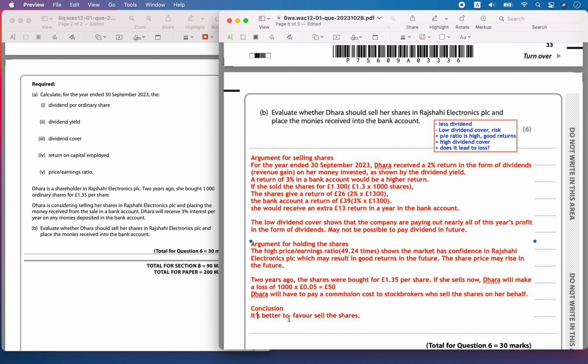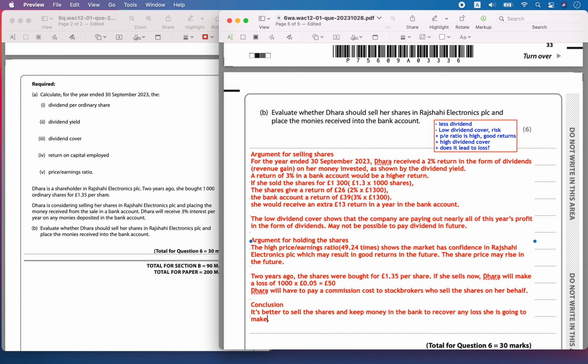You can also say it is better to hold the shares and wait for the share price to rise, or you can say it is better to sell the shares and keep the money in the bank to recover any loss she is going to make. So that is how you can conclude.